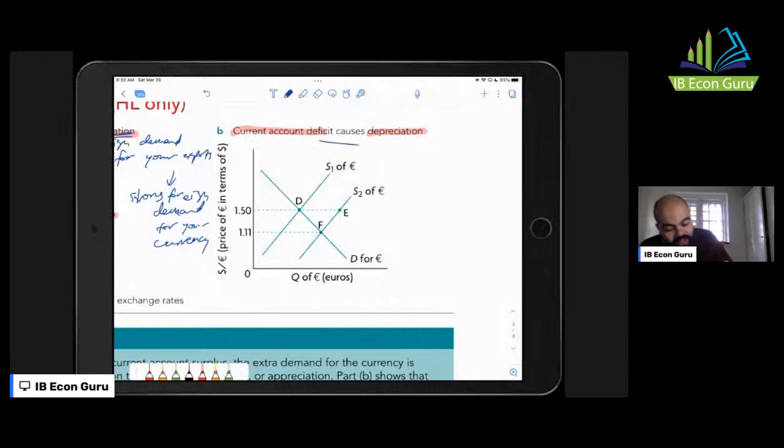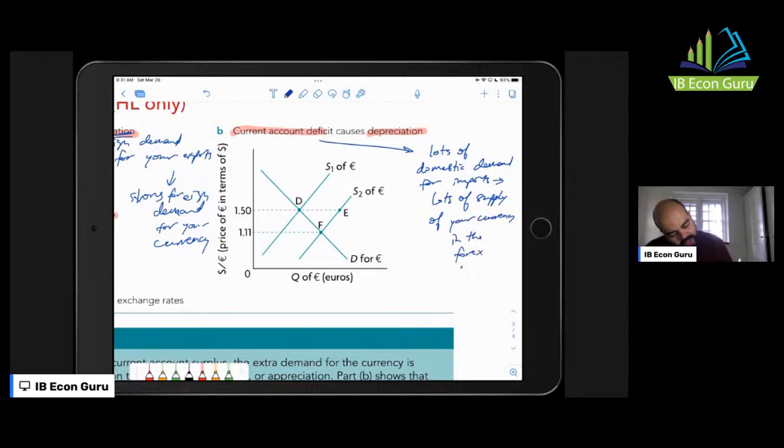Why? Because a current account deficit means there is strong domestic demand for imports, which means there's lots of supply of your currency in the foreign exchange market.